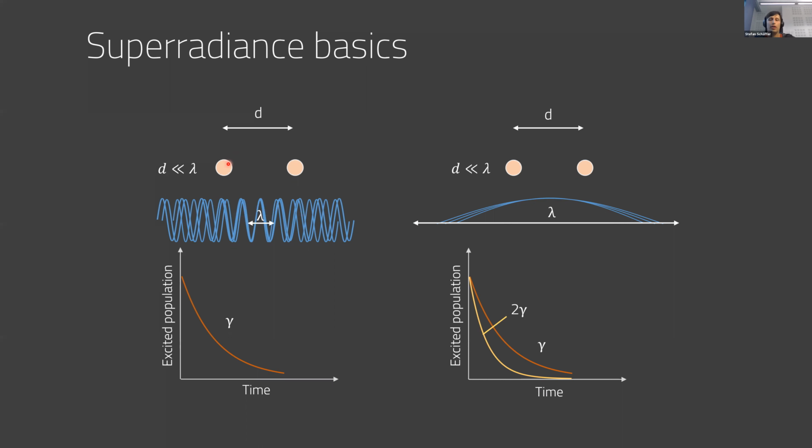So you don't get any coherent emission between them. You just get them behaving like individual atoms. Rather, if you have them very, very close to each other, much closer than a wavelength, then it's hard to distinguish what atom is actually emitting, and you get this increased radiation by 2 gamma.